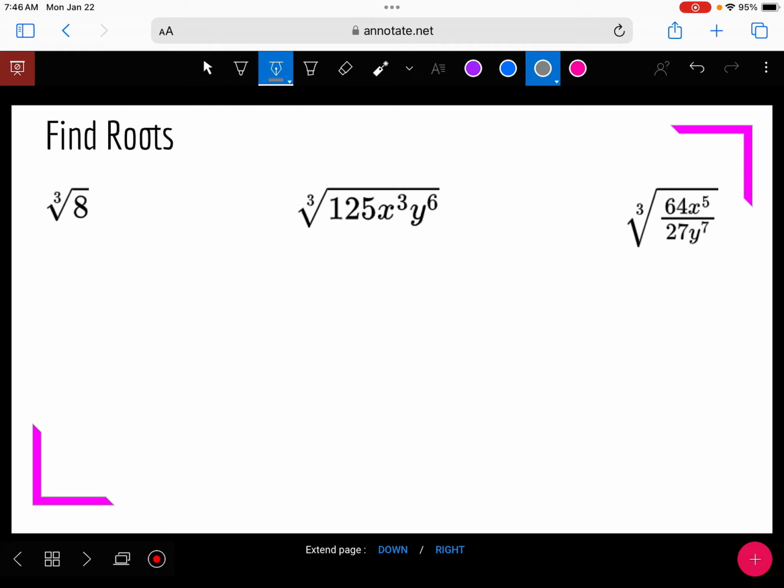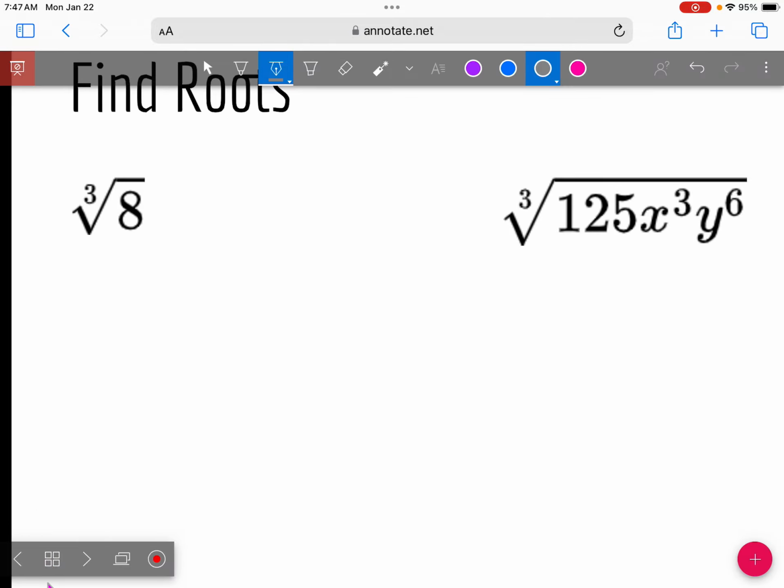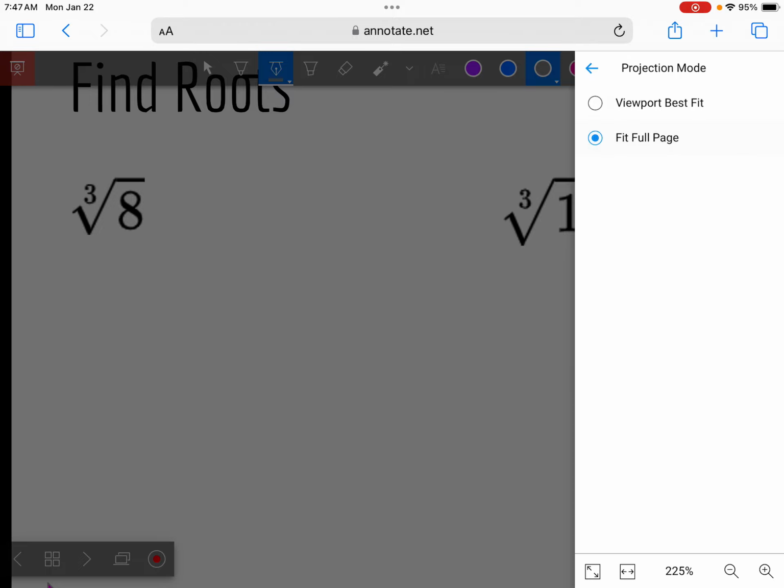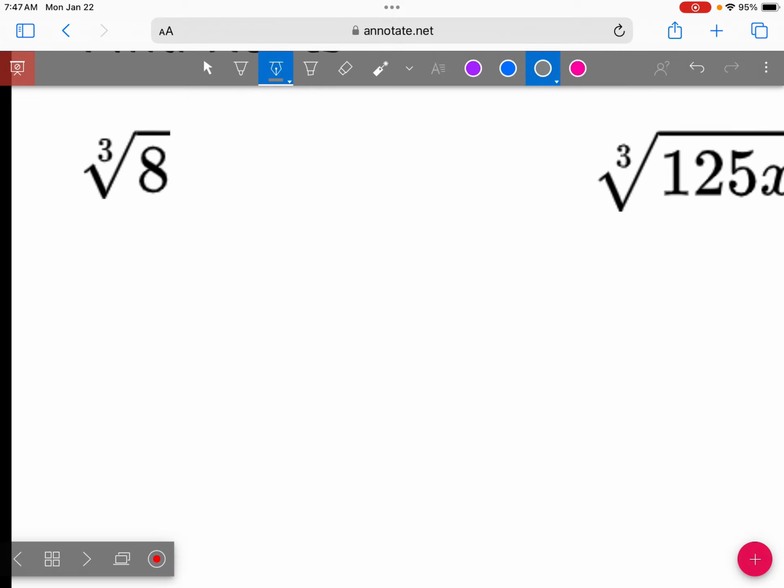All right, now we're going to do some very similar things, but this time we have an index of 3. So we're going to be looking for perfect cubes or groups of 3. So the first one says the cube root or the third root of 8. We wrote this at the beginning when we were looking at our roots that we knew.